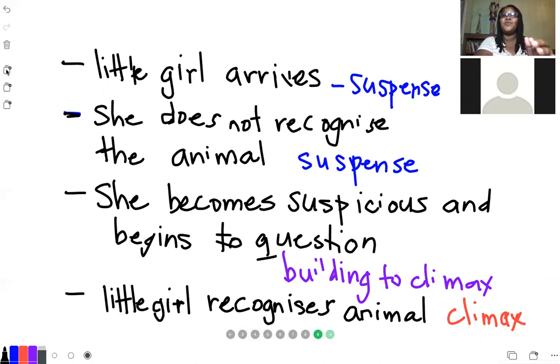If you should end the story there, they'd be left wondering, so what happened next? So if at the point where she recognizes the animal and he says, well, I'm going to gobble you up, you ended the story there and the reader has no idea what transpired afterwards, that is your point of climax in the story. So you want to think about it along that line.